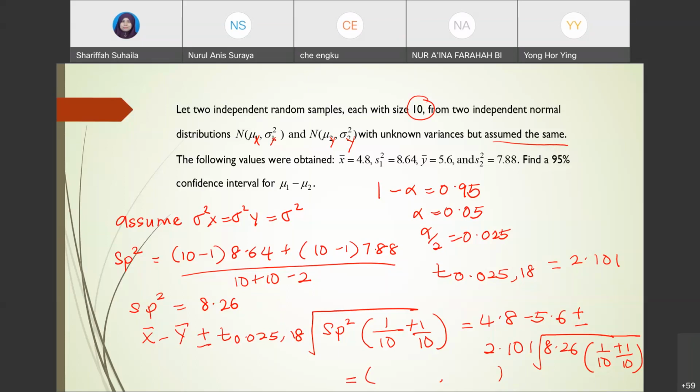Boleh dapat? Memang lower limit, upper limit. Okay, last answer. Boleh dapat? Last answer, apa dia punya lower limit, apa dia punya upper limit?